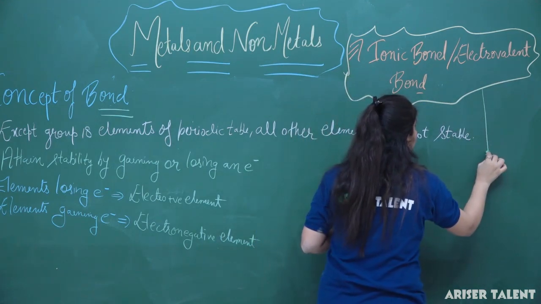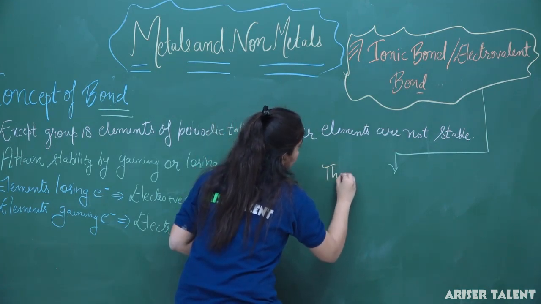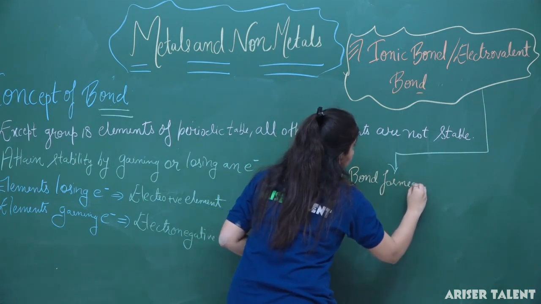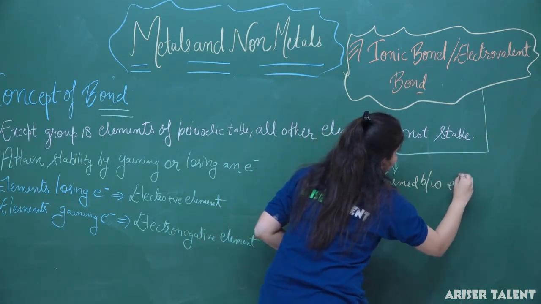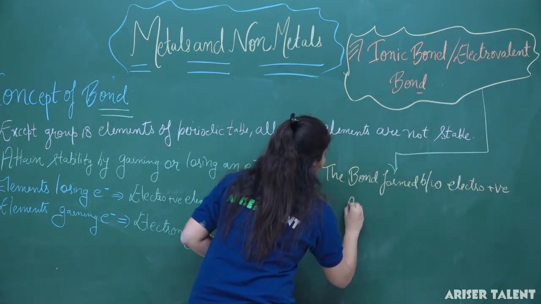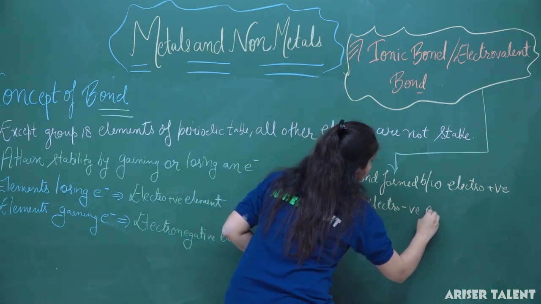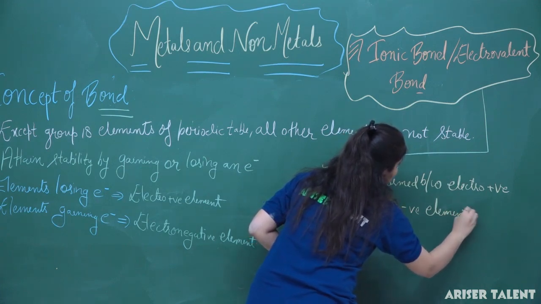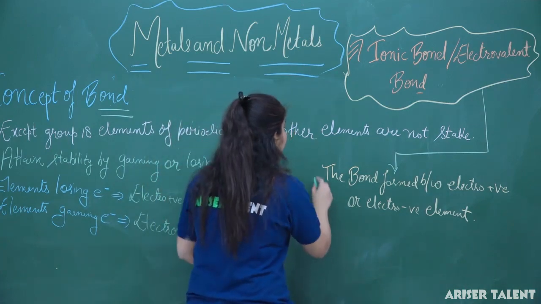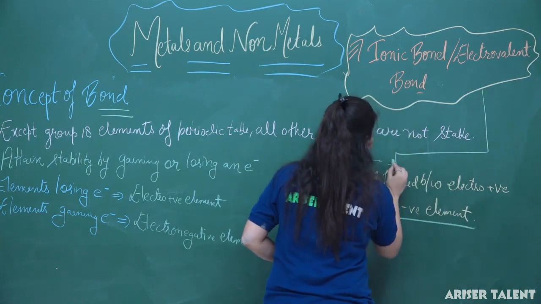So this type of bond is formed between electropositive and electronegative elements. So the ionic bond is basically formed between the electropositive and the electronegative element, and it is also known as electrovalent bond.